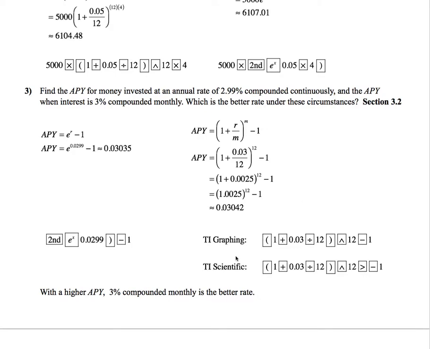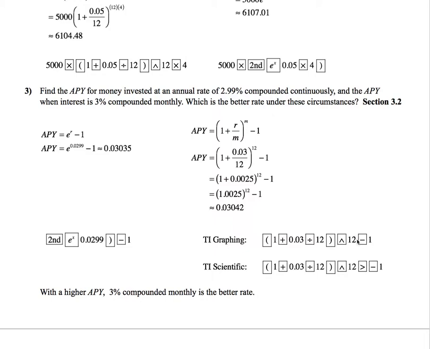But I've chosen for these keystrokes to do all the calculations in one fell swoop. So you have the left parenthesis 1 plus 0.03 divided by 12 and right parenthesis, and then you have the caret for the exponent, and 12 minus 1.